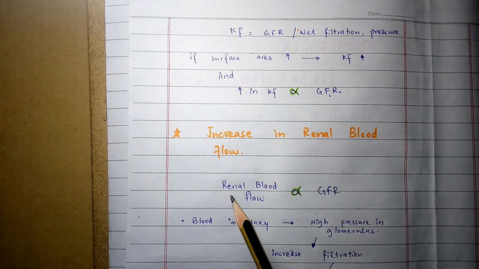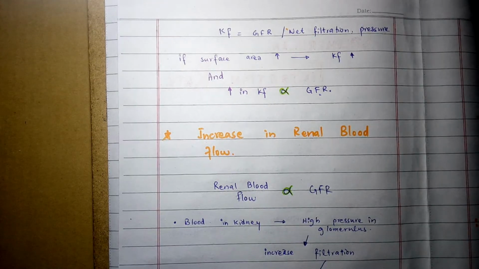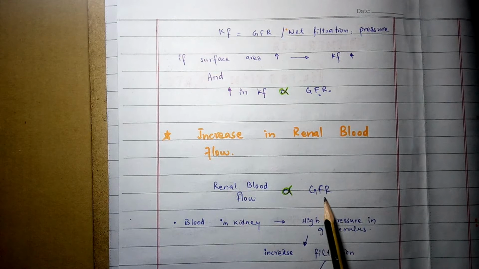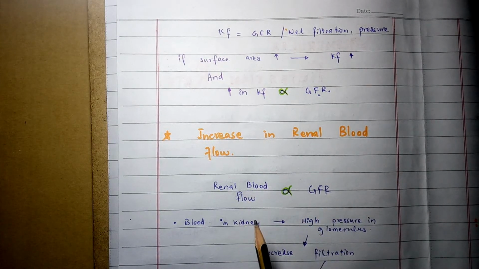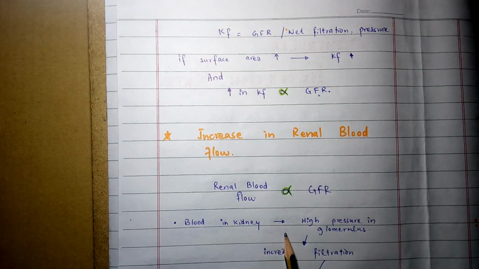Number two is the increase in renal blood flow. An increase in the renal blood flow increases the glomerular filtration rate. If more blood comes into the kidney, there will be high pressure in the glomerular capillary network.